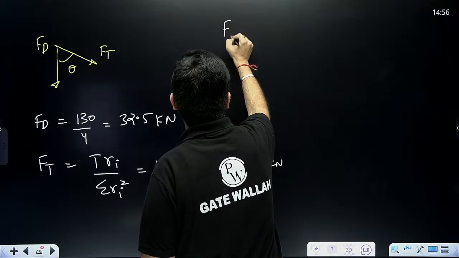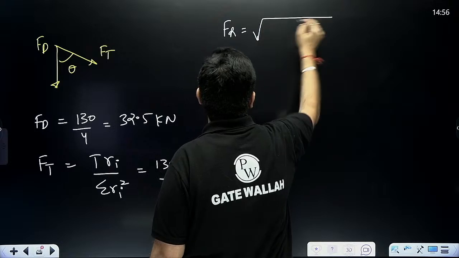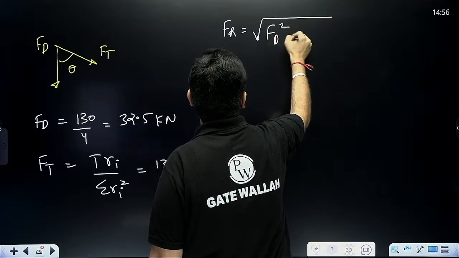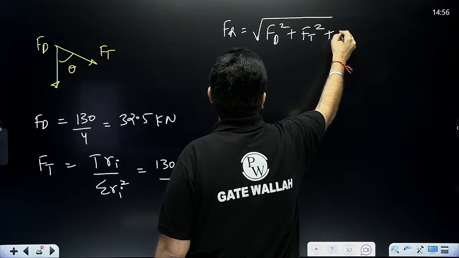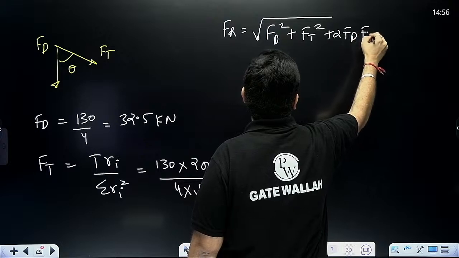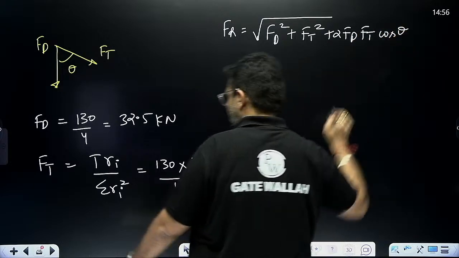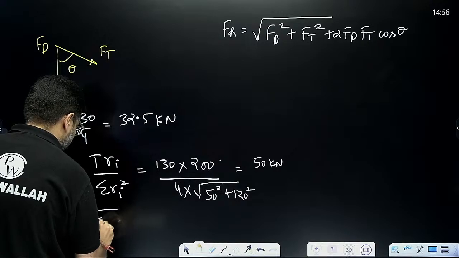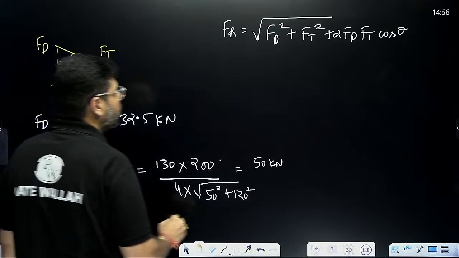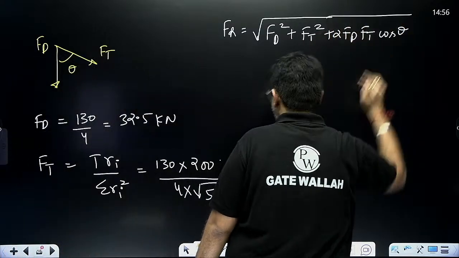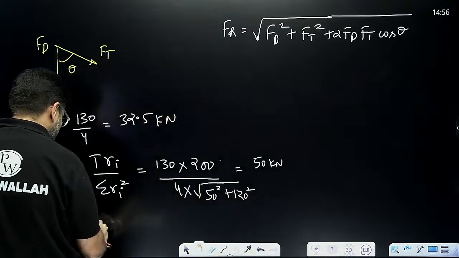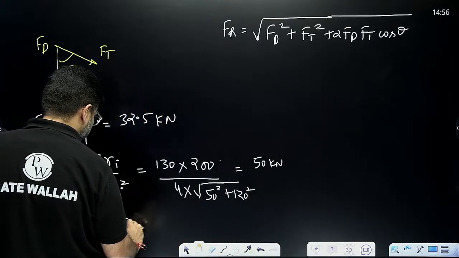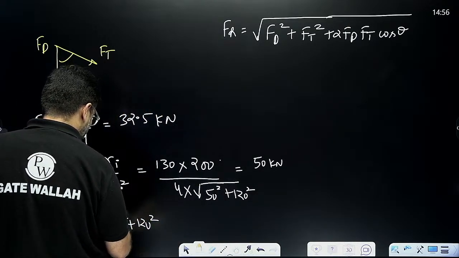Now FR is equal to how much? FR is the square root of FD square plus FT square plus 2 FD FT cos theta. R is actually equal to square root of 50 square plus 120 square, that is 130.